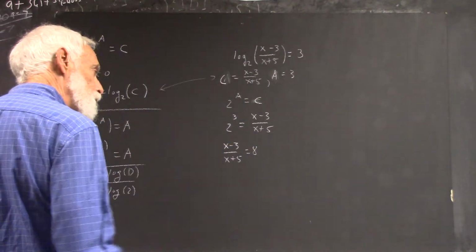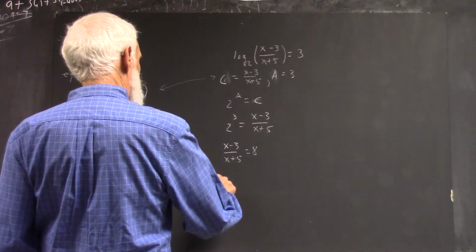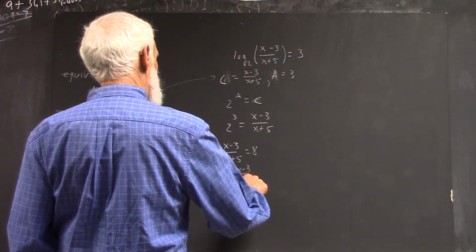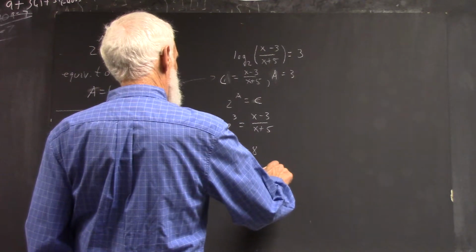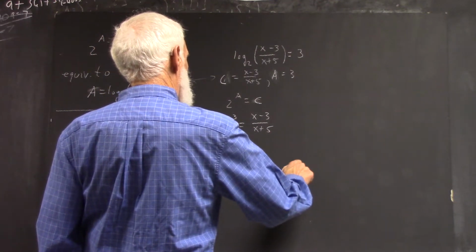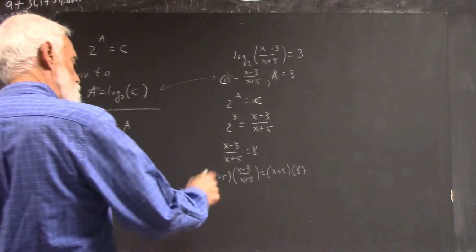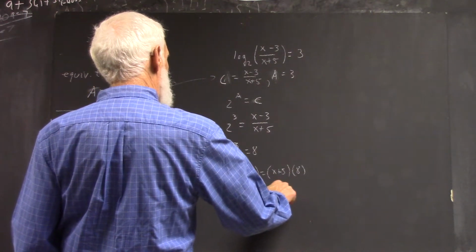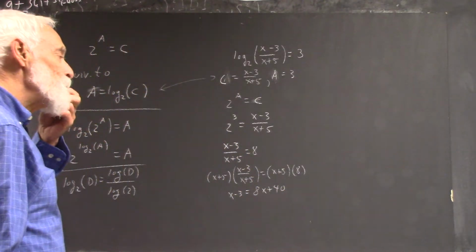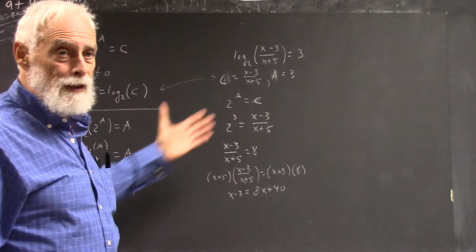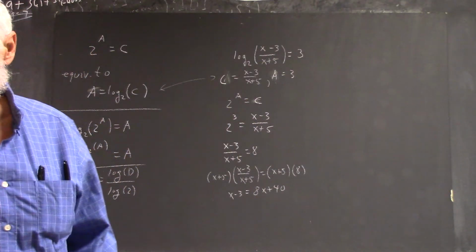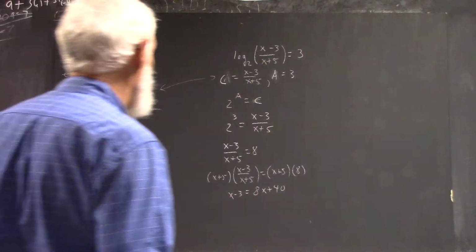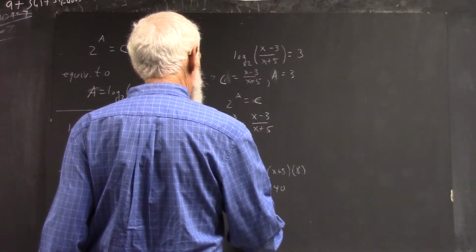You multiply both sides by the denominator, and you end up with x minus 3 equals 8x plus 40. Subtract 8x from both sides, add 3 to both sides, and divide by 7. Okay? In other words, it's a simple linear equation.